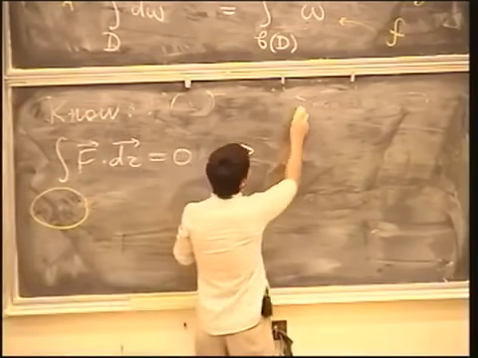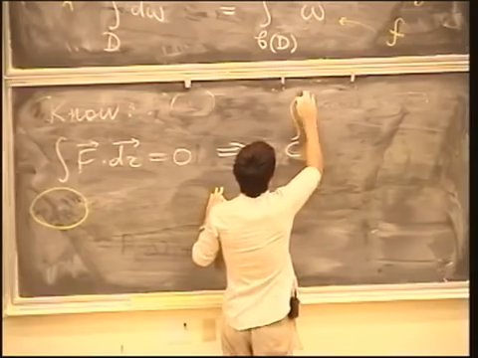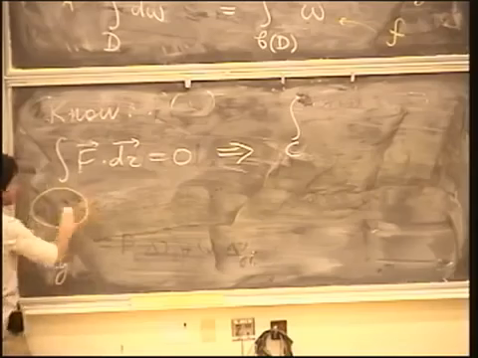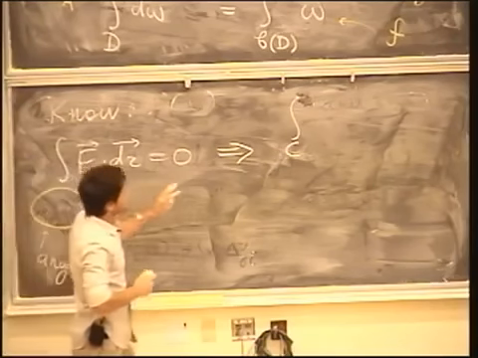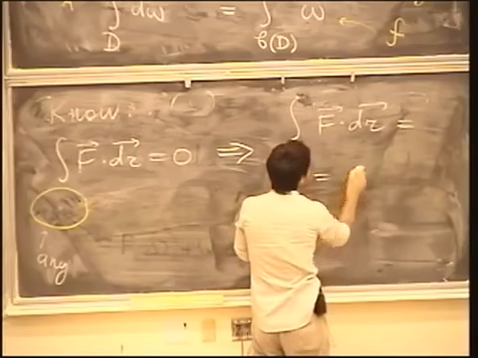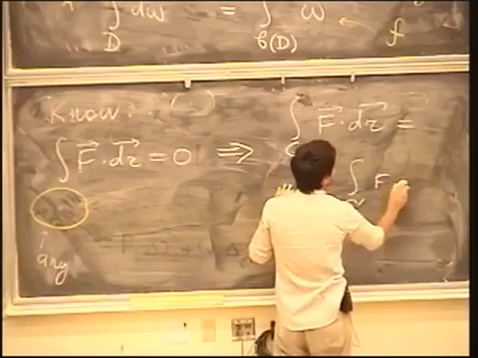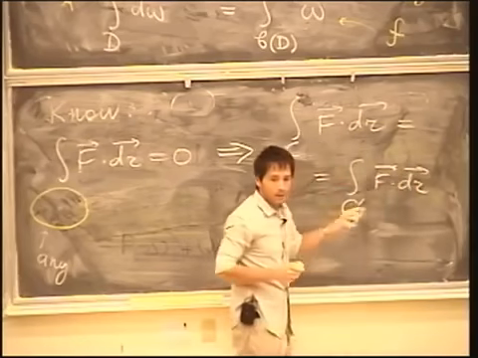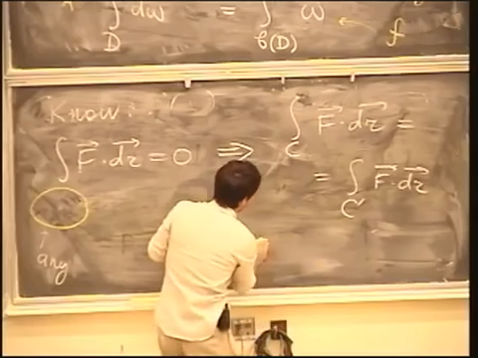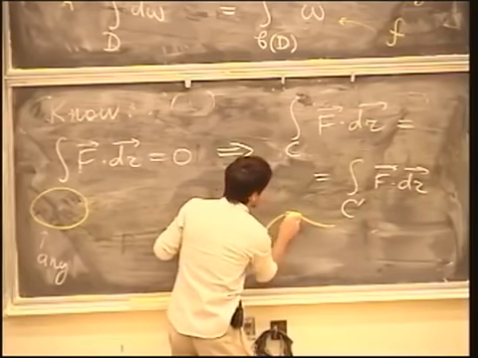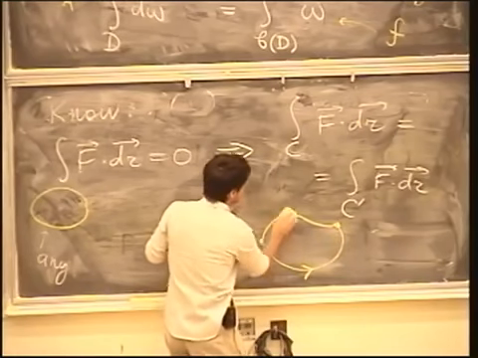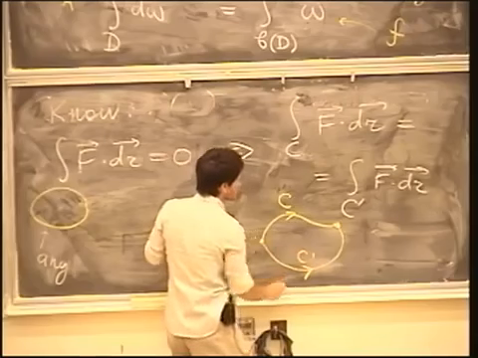Then I claim that this means that the integral over C, and here I mean really any closed curve anywhere, if I have an integral over some curve C, this will be equal to the integral over the curve C prime as long as they have the same endpoints, right? How would I prove this? Well, so here's my curve C, and here's my curve C prime, right? So this is C and this is C prime.